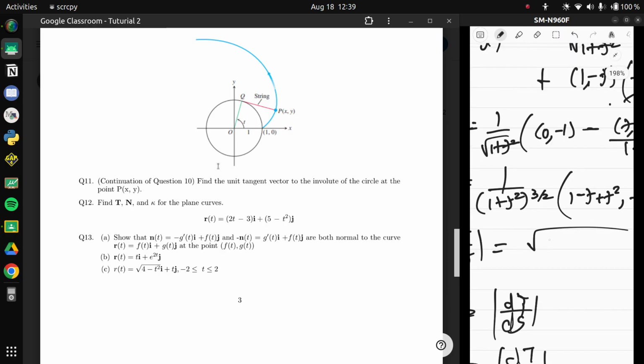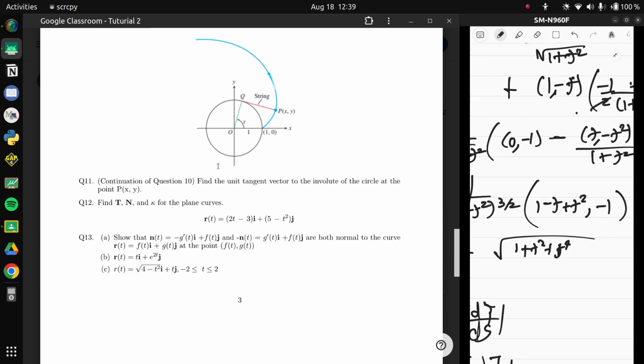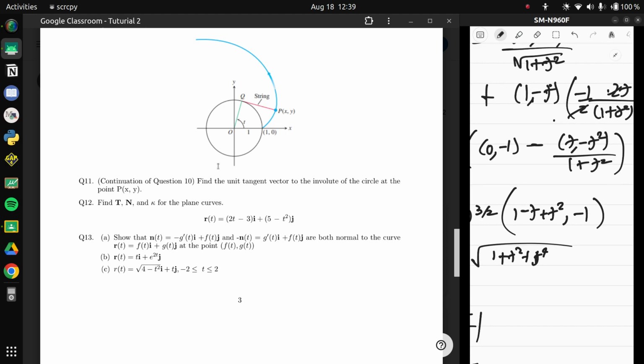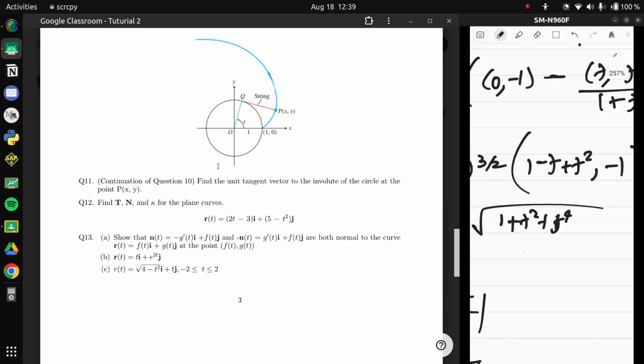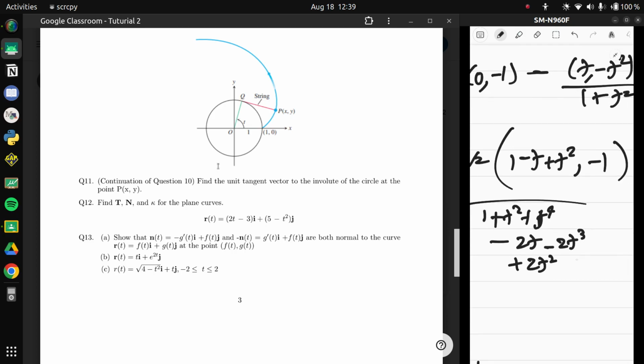So there's something like 1 plus t square plus t power 4. Shouldn't there be a better way by this? This thing square plus 1, that's what we're going for. No, there is no better way. Seems like this is the thing. It's just minus 2t, minus 2t cubed, sure, plus 2t square and plus 1.